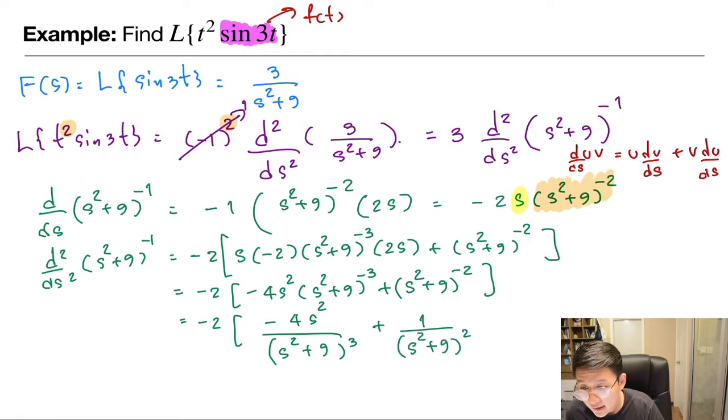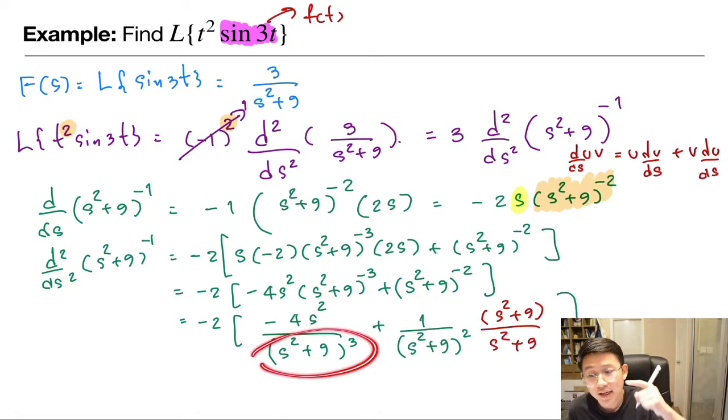In that case, I multiply here by s squared plus 9 just to make the denominator s squared plus 9 cubed, to have the same denominator.